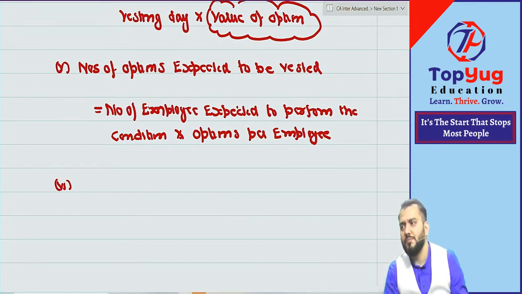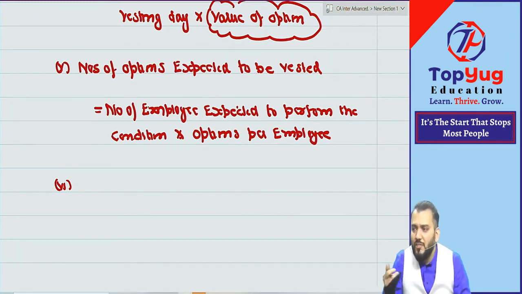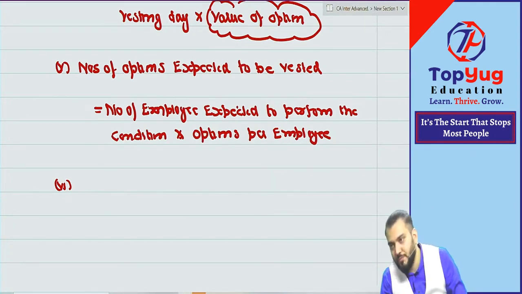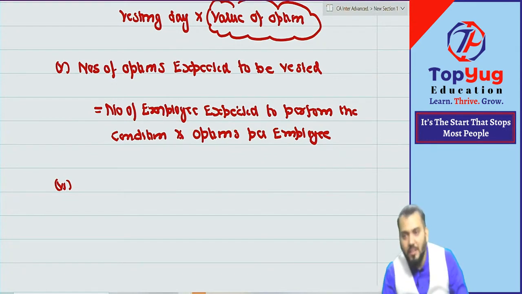Now, 2-3 attempts before, ICAI used to ask only questions based on intrinsic value. But now in the recent ICAI study material as well as in RTP, we have seen that they have started giving questions based on fair value of option also. Correct? Understood now?